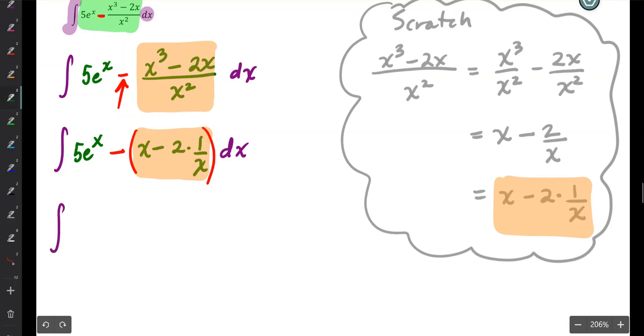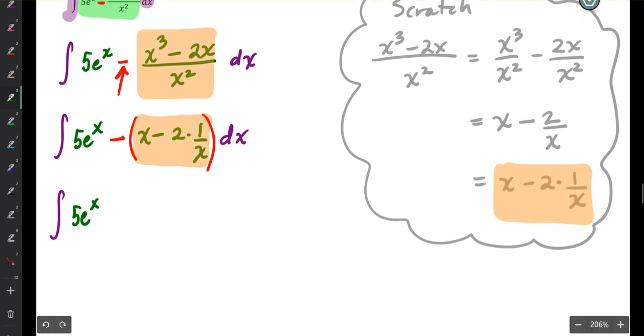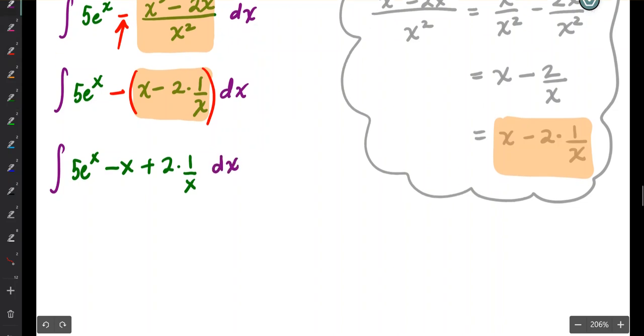So just doing a little bit of algebra to help myself undifferentiate easier, helping myself think backwards. So we've got minus an x minus a minus, okay, plus 2 times 1 over x. Now it's in a beautiful form for me to undifferentiate, for me to integrate.